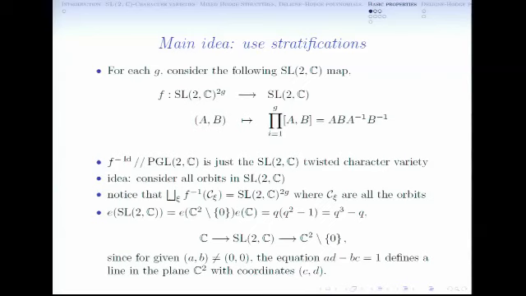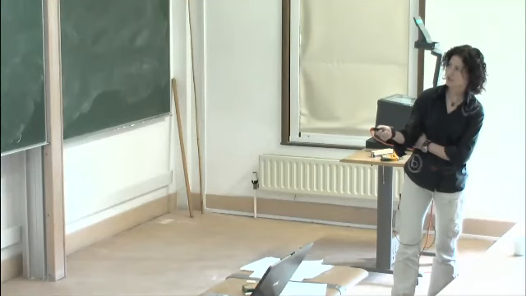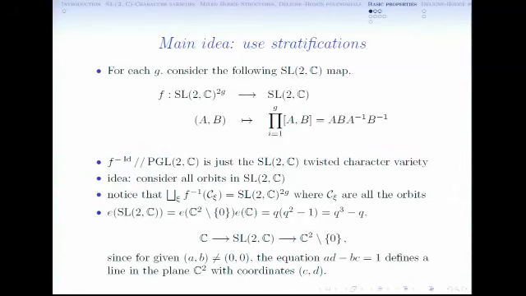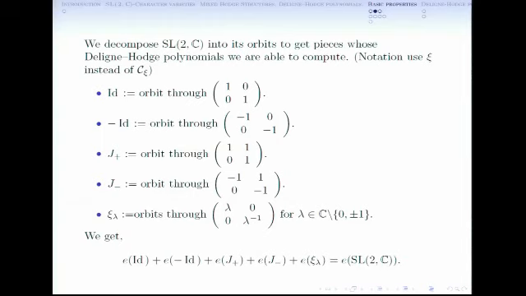Okay. So which one will be the one for SL2C twisted? The idea then will be to decompose SL2C into its orbits to get pieces whose Deligne-Hodge polynomials are easy to compute. Let me denote by the whole orbit the identity, and the whole orbit of minus the identity, instead of writing conjugate orbits of something.